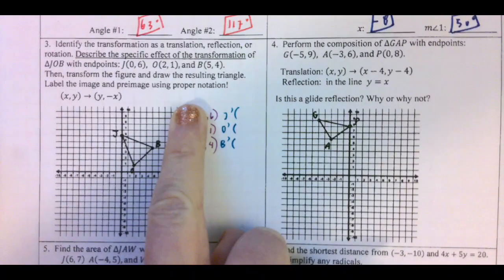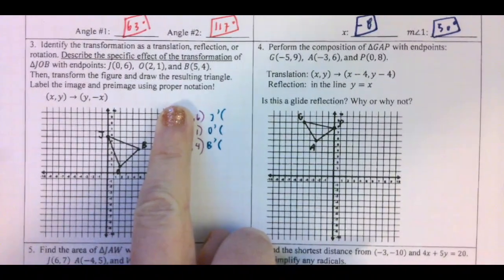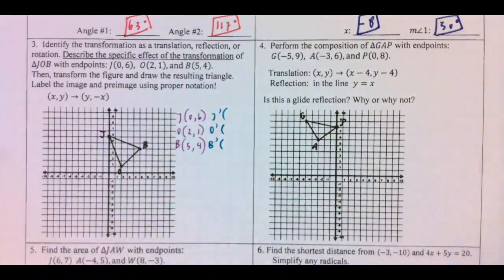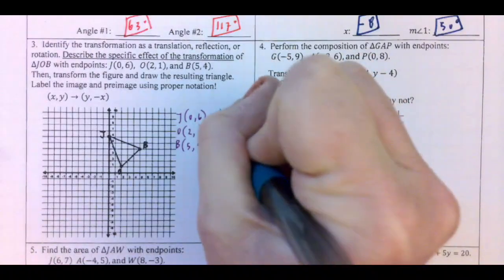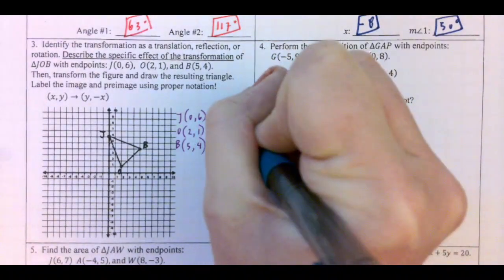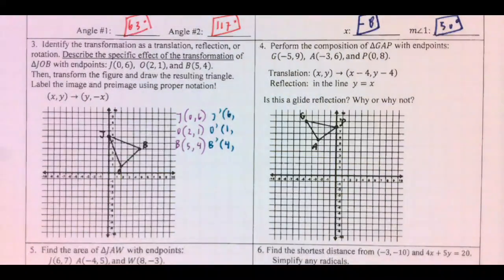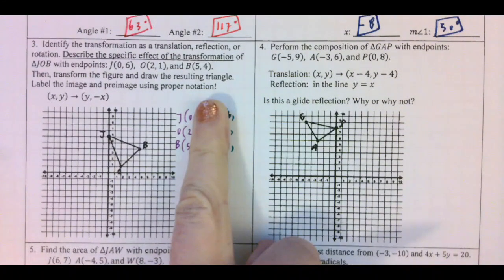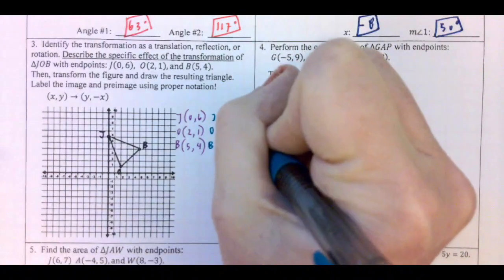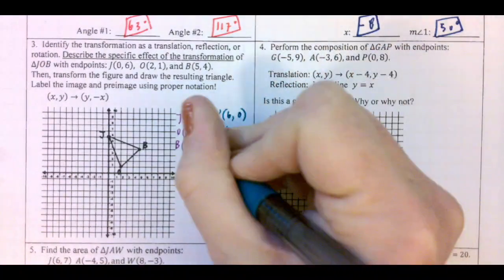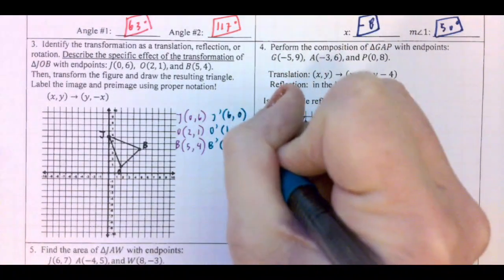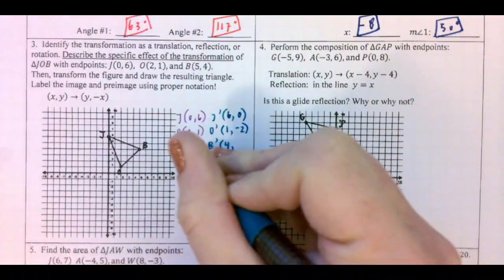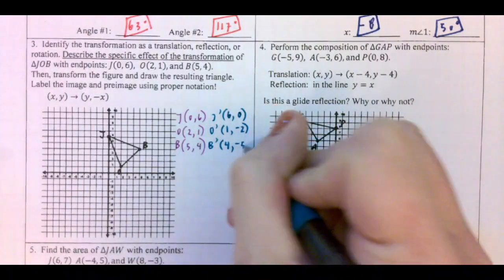All right, so here I'm going to look at 6, 1, and 4 first. And then I'm taking all of these original x values and just switching to the opposites. So here 0 stays 0. Positive 2 becomes negative 2. Positive 5 becomes negative 5.